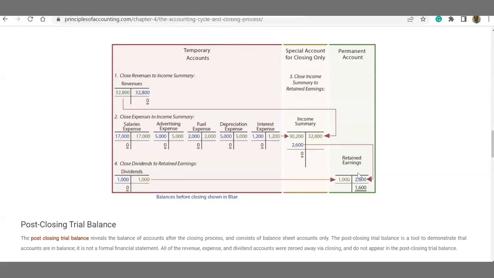Now your retained earnings has a $2,600 balance plus the zero retained earnings from the beginning, because this is a brand new business. Then the last thing you do is close your dividend into retained earnings, which is credit dividend and debit retained earnings. And 2,600 minus 1,000 is 1,600, retained earnings, double line.